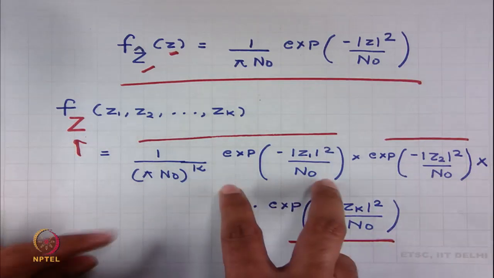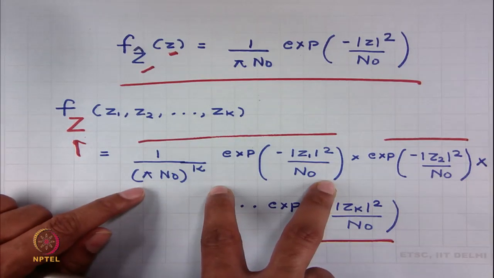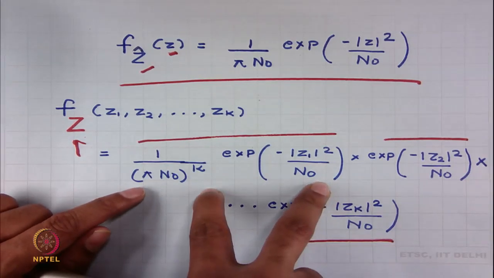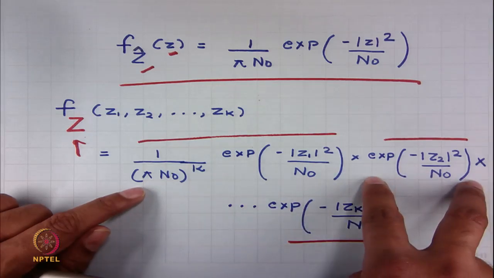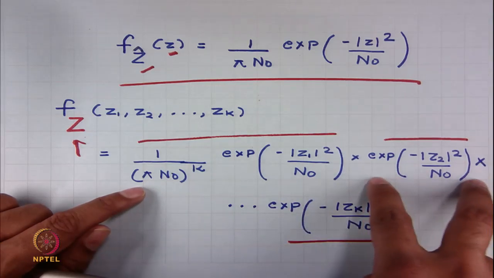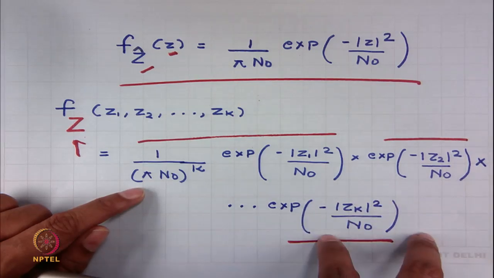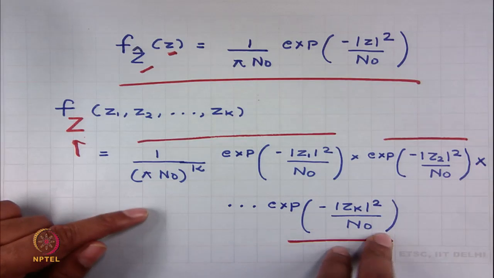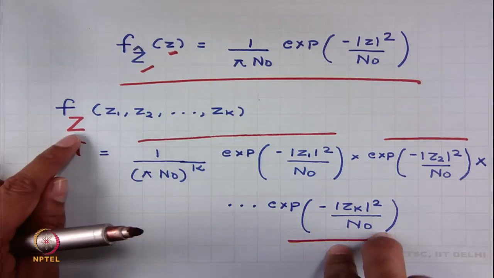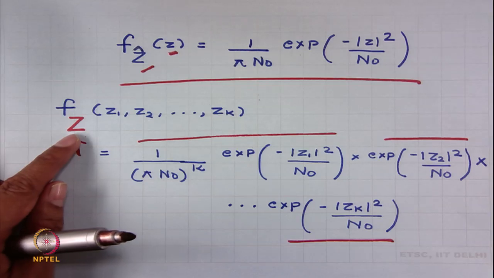The PDF of one proper complex Gaussian random variable is given by this expression. Similarly, the PDF of the second is given by this expression, and so on. Multiplying k such marginal PDFs, we obtain the PDF of the Gaussian random vector z.